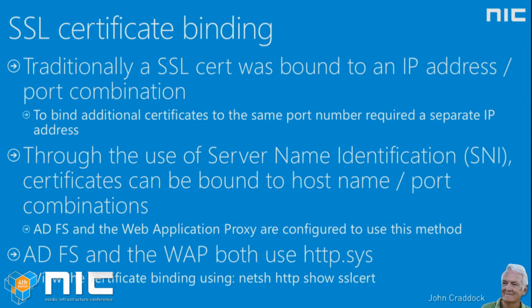In that way, the server can give back the appropriate certificate. So we can now have multiple SSL certs on the same IP using SNI, whereas previously we could only have a single SSL cert bound.